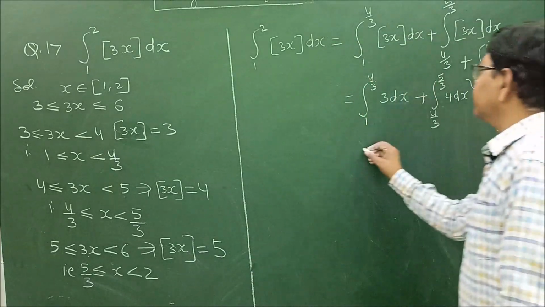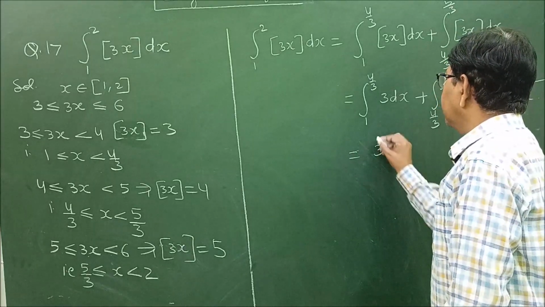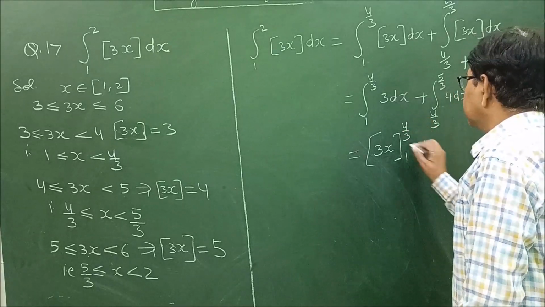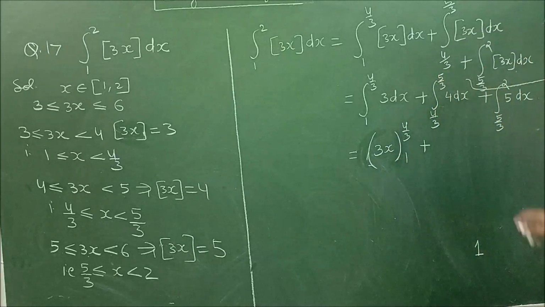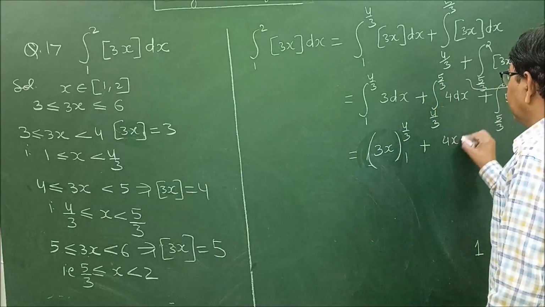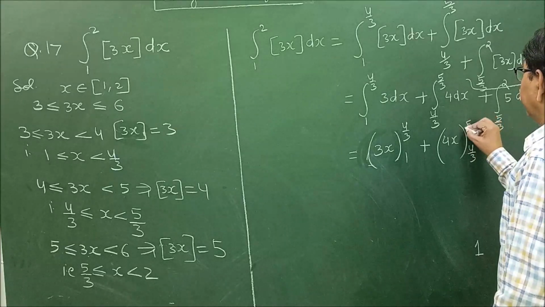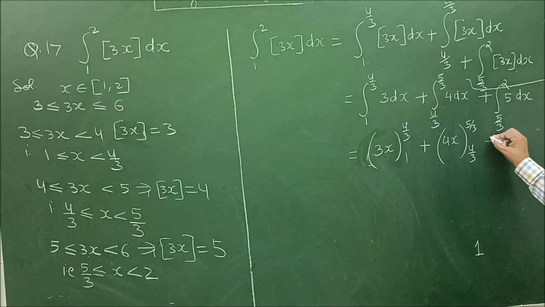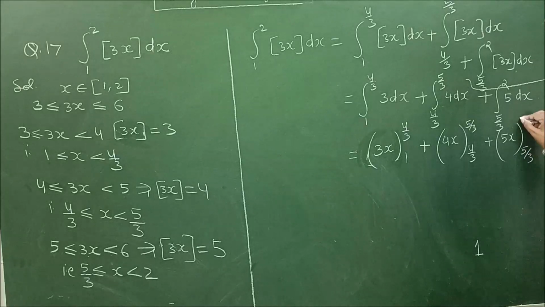Now on integrating we get 3x from 1 to 4 by 3 plus 4x from 4 by 3 to 5 by 3 plus 5x from 5 by 3 to 2.